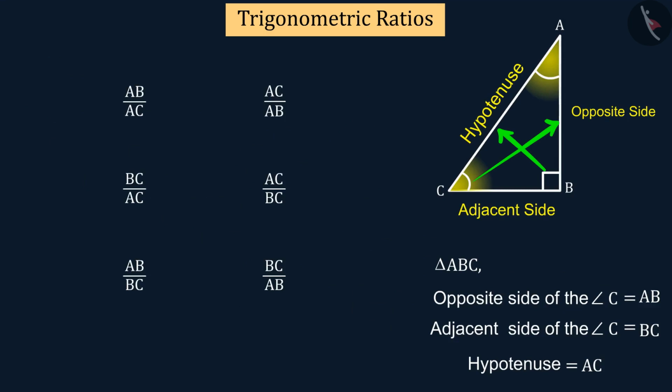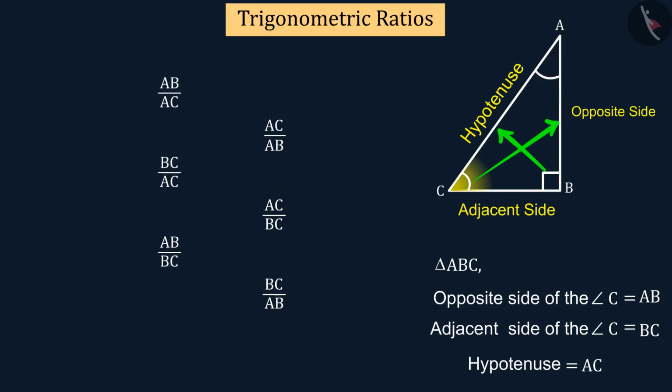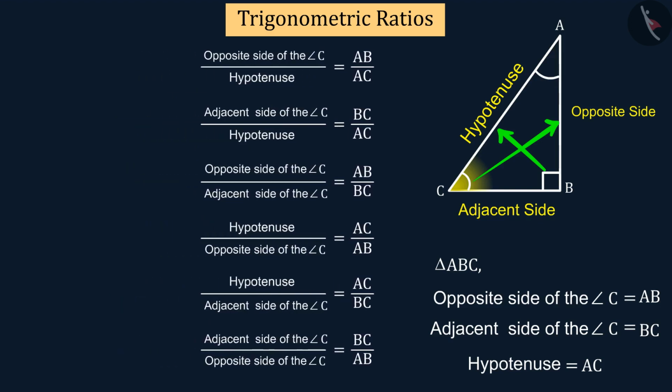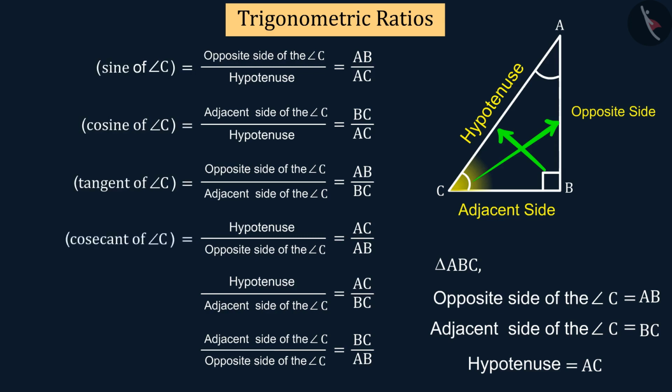Now, if we study the obtained ratios with respect to the angle C, we get these 6 trigonometric ratios, which we call sine of angle C, cosine of angle C, tangent of angle C, cosecant of angle C, secant of angle C, and cotangent of angle C respectively.